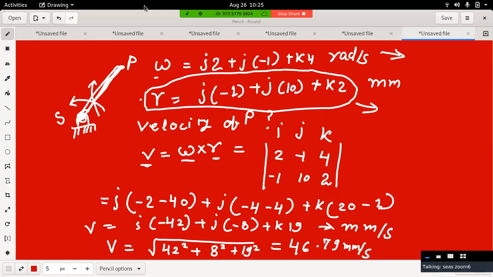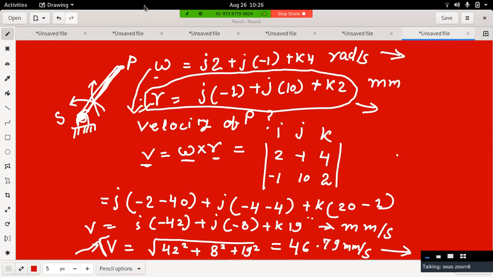So at that particular instant, when the radius vector is given by this equation, the angular speed is given by this equation, the velocity can be determined like this. The absolute velocity will be 46.79 mm per second. And what will be the direction of 46.79? The direction of this velocity vector V will be perpendicular to the plane on which radius vector and angular velocity vectors are lying.